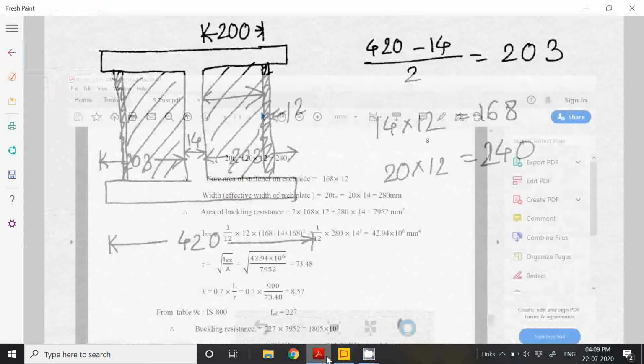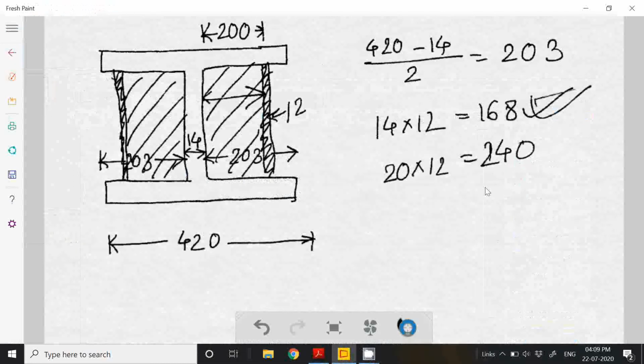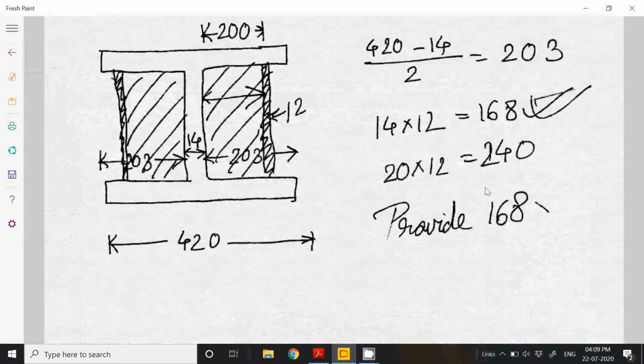So let us provide 168 into 12. Now if we give this stiffener, what becomes the effective width of the web? Effective width of the web becomes 20 times the thickness of the web, which becomes 280 mm.